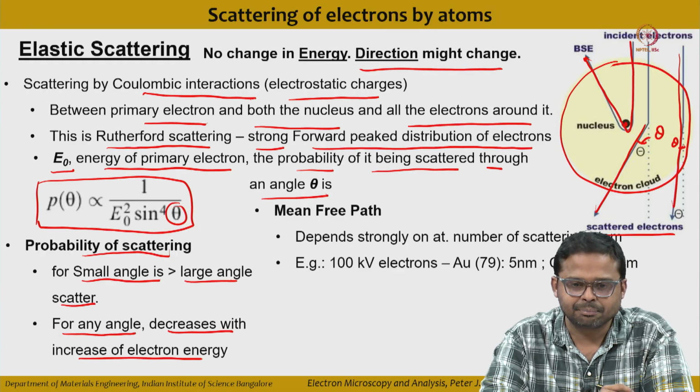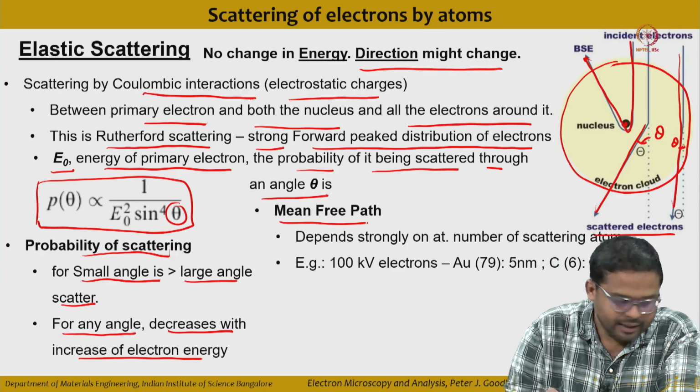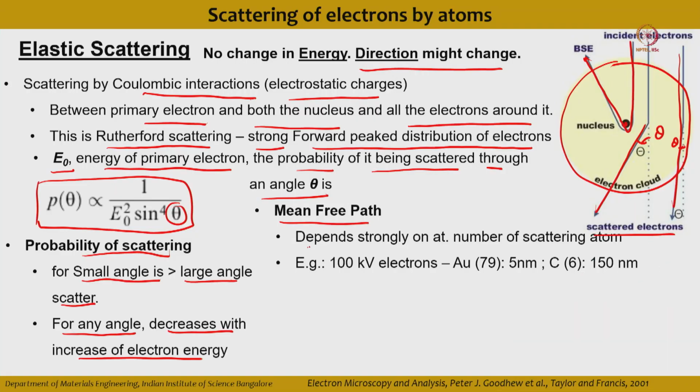Now, how important is the mean free path? The mean free path depends strongly on the atomic number of the scattering atom. For example, for electrons accelerated with a 100 kV potential, remember the mean free path is the distance over which the electron can scatter.